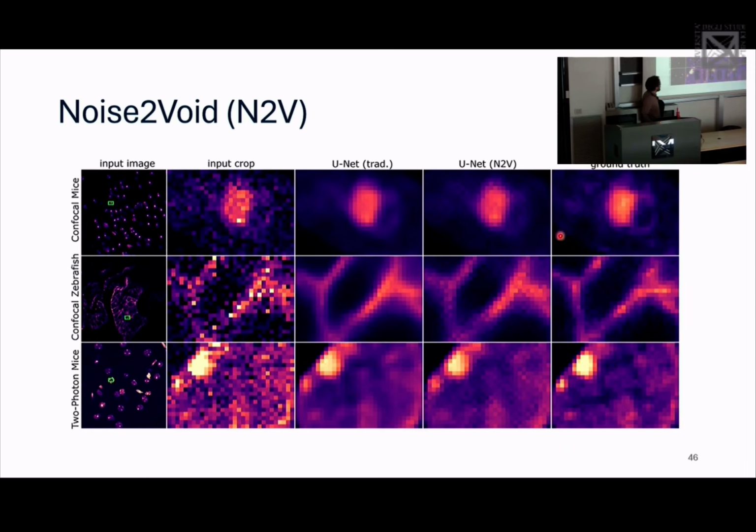In this case, they had ground truth, and we could compare the use of a traditionally trained UNet with the Noise2Void UNet, because the architecture actually is the same. You can see pretty good results.